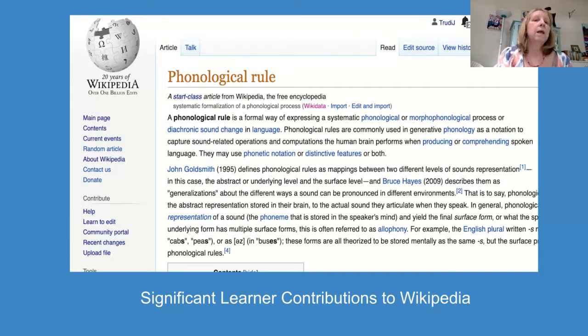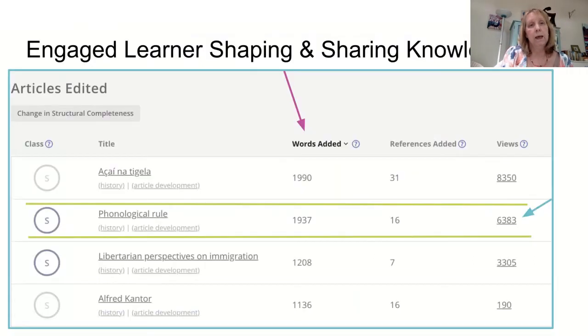So this phonological rule article, a good deal of what was written here was written by one of my students. So they really do contribute a good deal to articles in Wikipedia based on their expertise in their major, and they get to choose the article they pick. This is from the dashboard that we use in the course.